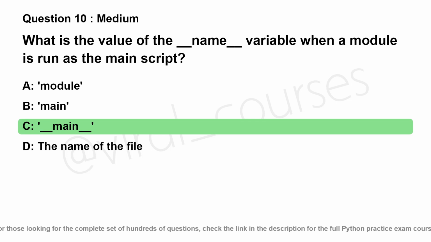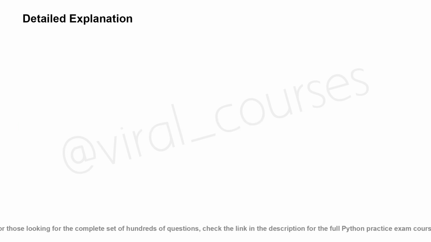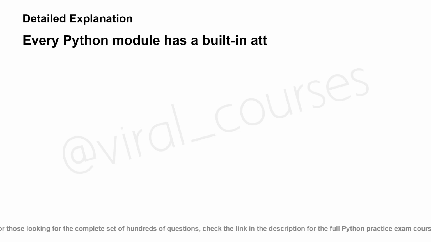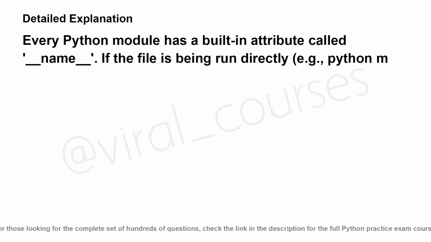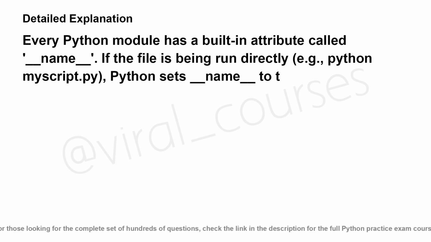The correct answer is C. Every Python module has a built-in attribute called __name__. If the file is being run directly, e.g., python myscript.py, Python sets __name__ to the string __main__.